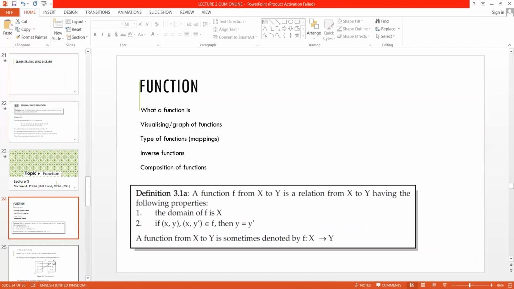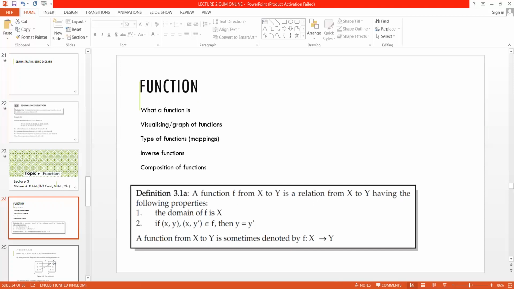And like we said, the focus here is we want to look at what a function is, how it is written, the notation, visualization, or what you refer to as graph of functions. We'll look at a type of functions, or what you refer to as mappings, and which mapping is indeed a function. Then we also look at inverse functions, and finally composition of functions.